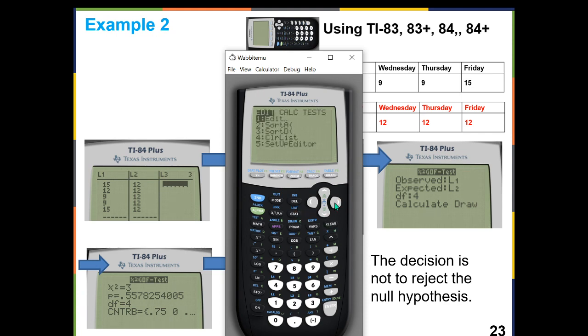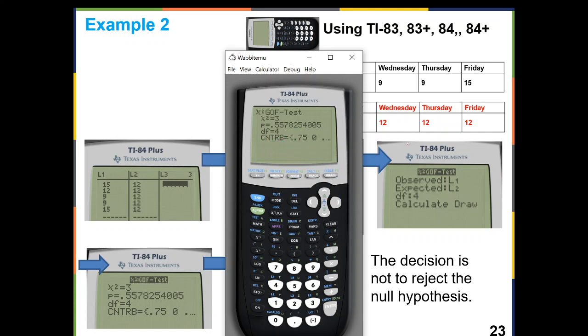So stat tests, I'm going to go to goodness of fit test, and my observed now is in L1. I need to fix that, and my expected is in L2, and degrees of freedom is 4. So calculate, you see I get that p-value, and what you see here, it says contributors.